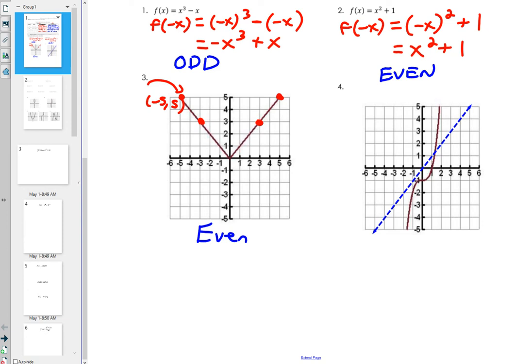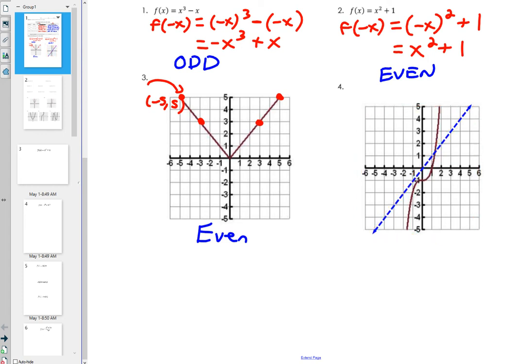That's the equation there. And it sure does not look like this side over here should look like a mirror image of that over there. And that doesn't appear to be the case. So it looks to me like it's going to be neither.